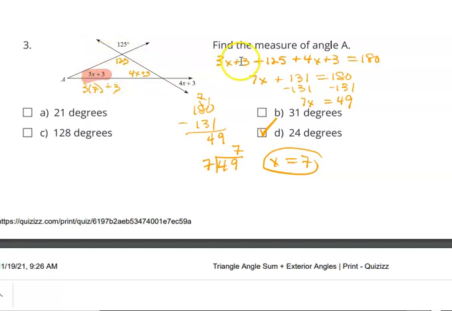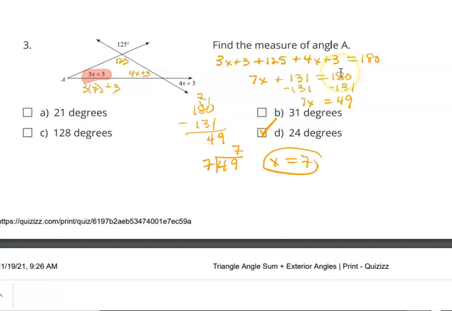And therefore what I know is 3x plus 3 plus 125 plus 4x plus 3 has to sum to 180. Combine like terms. 3x and 4x is 7x. 125 plus 3 plus 3, so that's 125 plus 6, is 131.